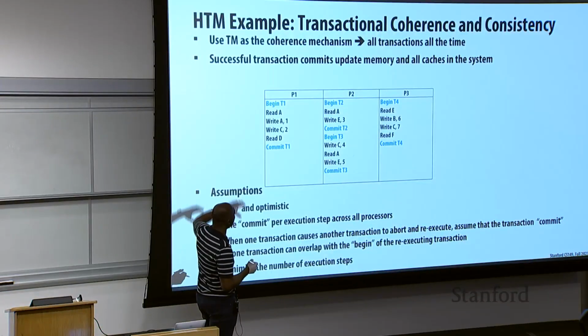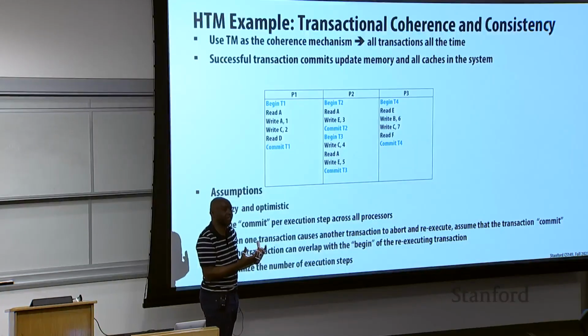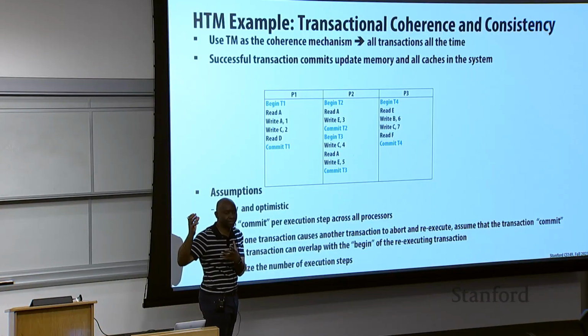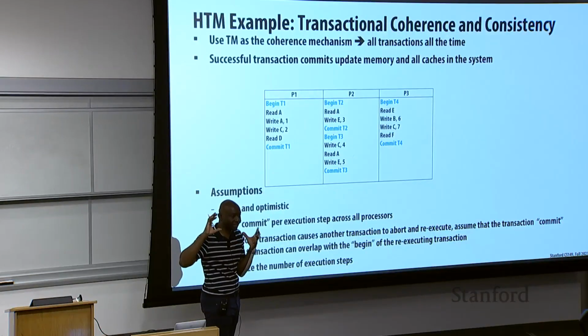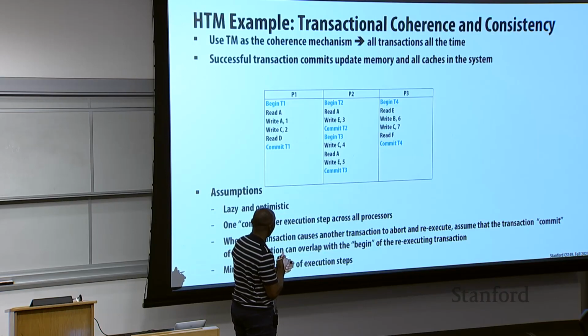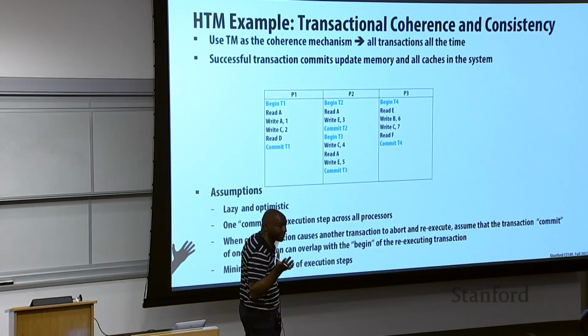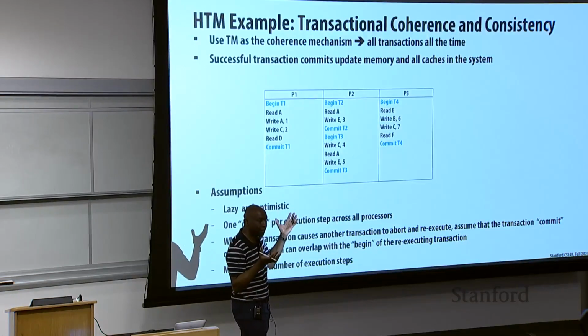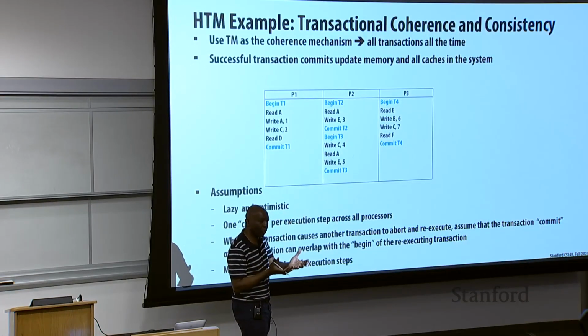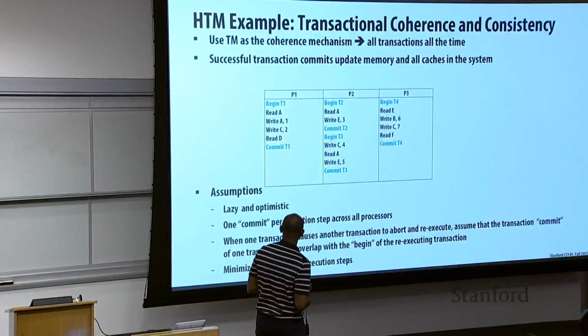The idea here is that when you get to a commit point, you take all the state that you have and you update everybody else, which is classic lazy optimistic. There are no other states, because all that ever happens is transactions execute, they get to the commit point, and then they send out all the state that they've modified and update everybody else. So that's what's happening here.